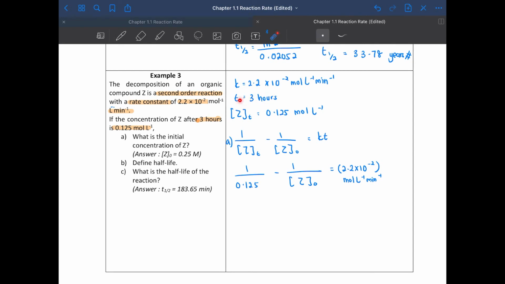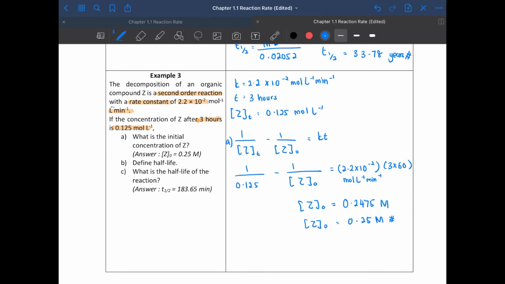So ini dia clash unit dia. Kalau kamu tengok, time is in hour while your K dalam per minute, so you have to follow K. So this 3 hours, 3 times 60, tukarkan dia kepada minit. So concentration Z0 equal to, saya dapat 0.2475 molar, ataupun if you want to give in 2 decimal places, the answer should be 0.25 molar.